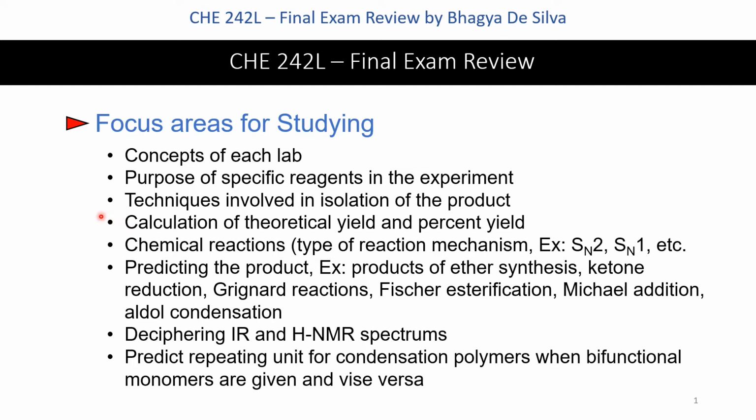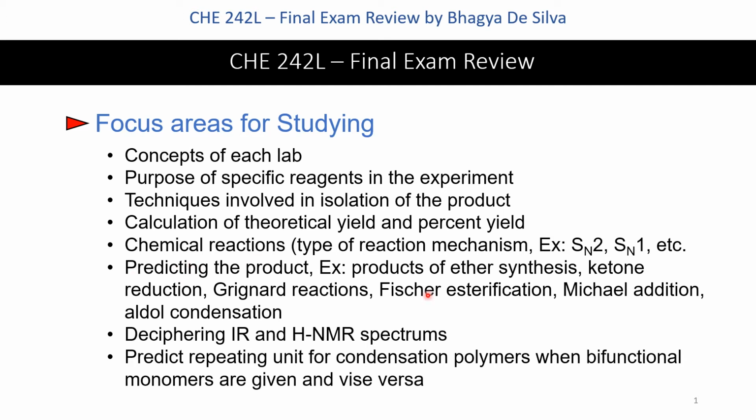Make sure you pay attention to the molar ratios. Then chemical reactions. The type of reaction mechanism, is it nucleophilic substitution type 1 or 2? Make sure you know what type of chemical reaction it is. Then you should be able to predict the products.